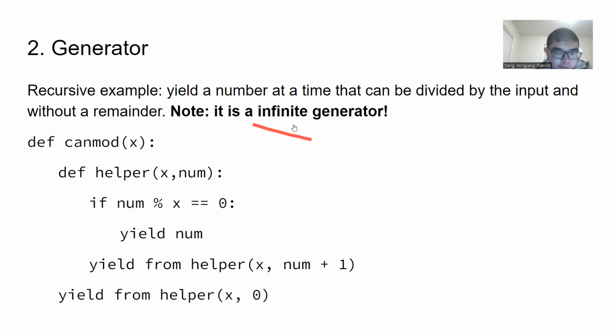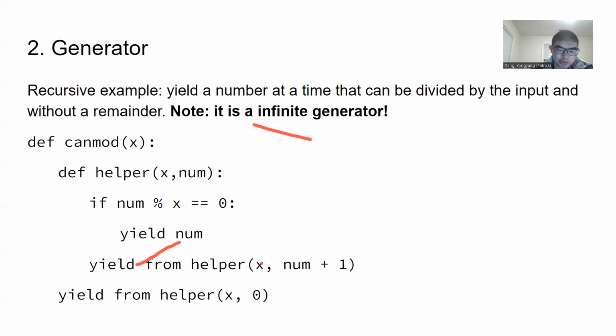So if you check from 0, if 0 mod x is 0, yield number. When you hit yield from, it will not actually return the value immediately. It's like an iterator. You have to call that, and then it will act as an iterator.